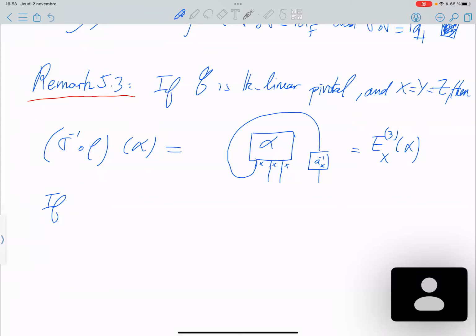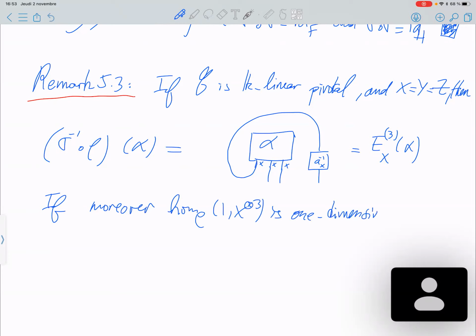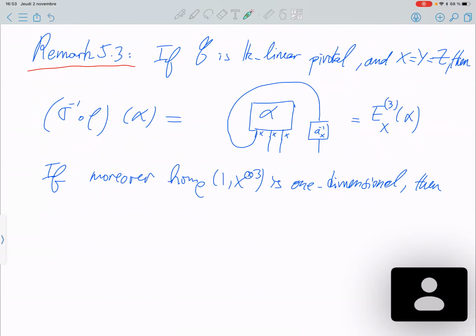If, moreover, the home space is one-dimensional, as we already mentioned before, then remember that this reduces to identity times the Frobenius indicator.